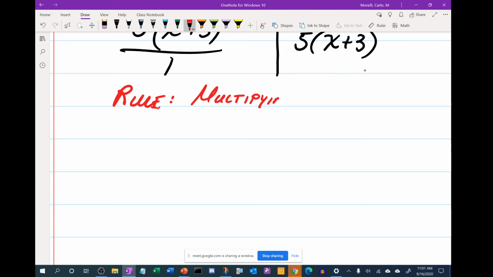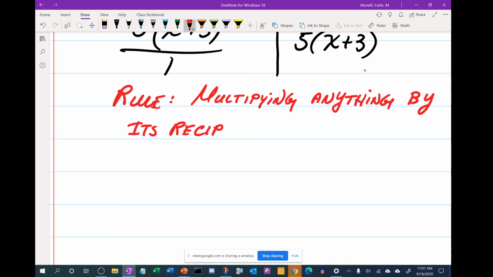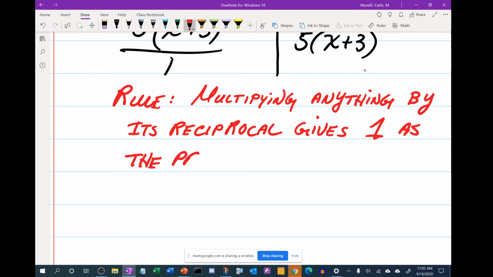Multiplying anything by its reciprocal gives 1 as the product. Always. Okay?